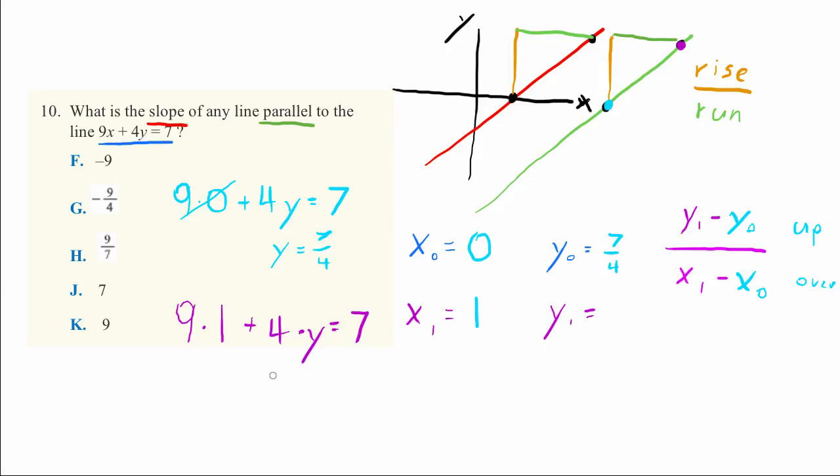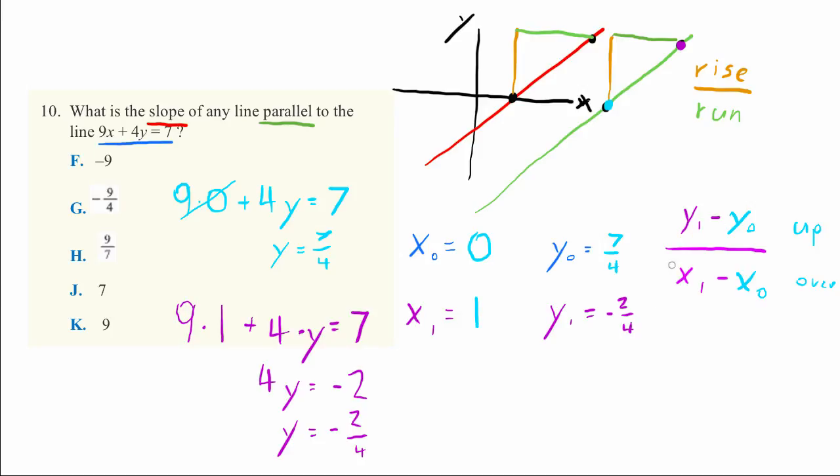If we subtract 9 from each side, we have 4y is equal to 7 minus 9, which is negative 2. If we divide each side by 4, we have y is equal to negative 2 divided by 4. And that's this second point here, negative 2 divided by 4.